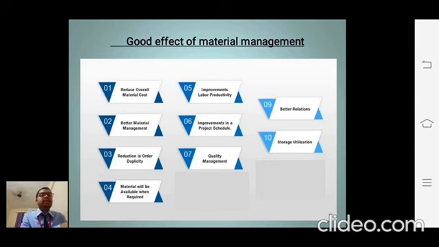Next one is quality management. This is the most important point we should consider. Material management gives more quality, whatever we want. A better quality gives more success to our project.